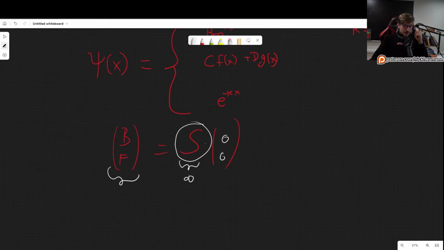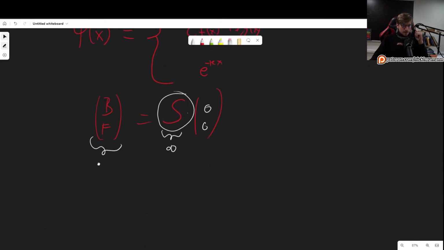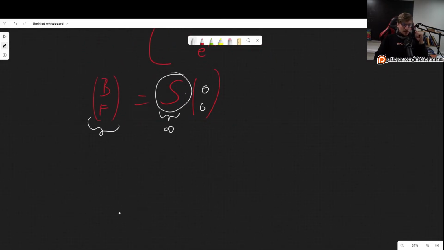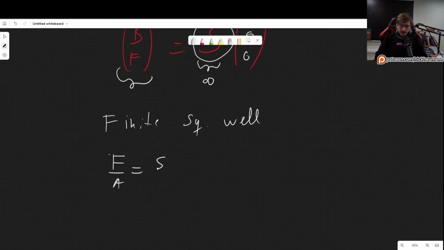Something that we have seen before is that in the case of the finite square well, we found F over A, which is what we defined as S21, to be e to the minus 2ika, sine 2la divided by 2kl cosine 2la minus i sine 2la times k squared plus l squared.